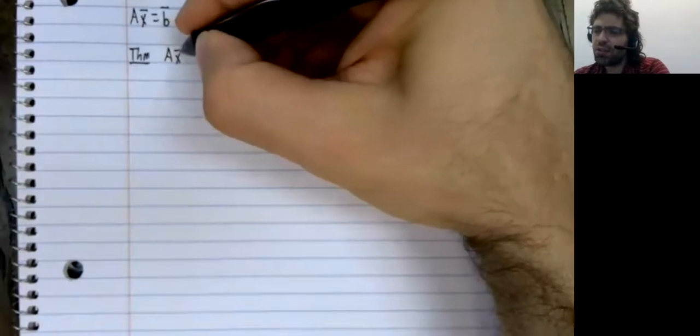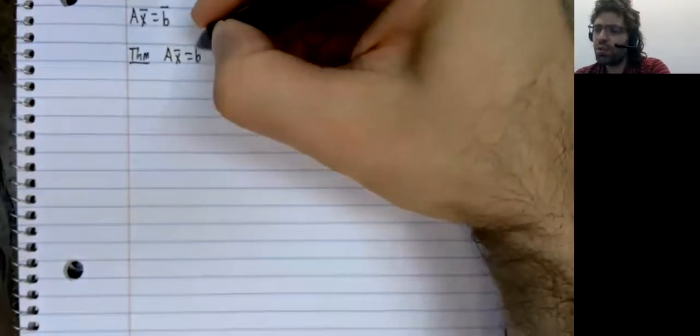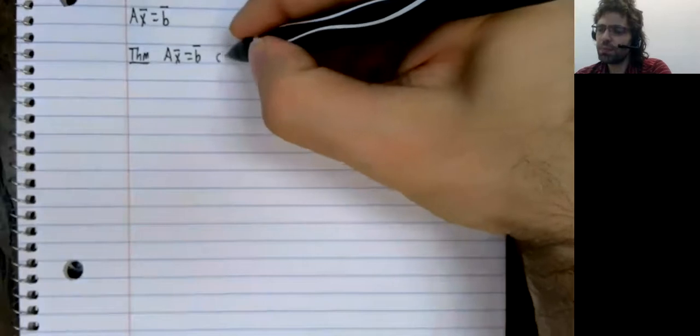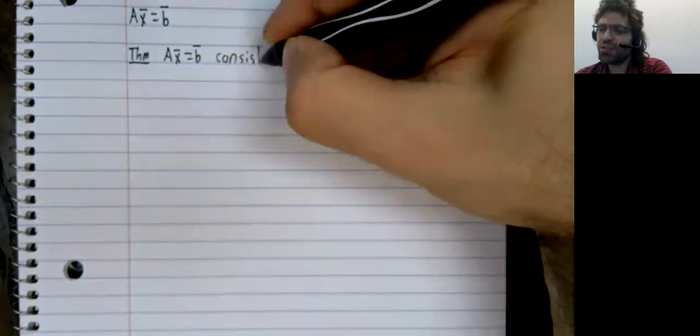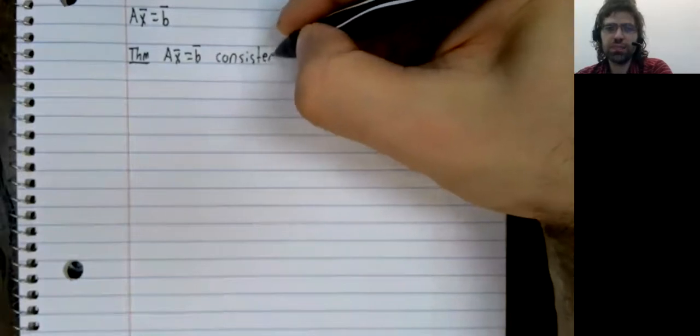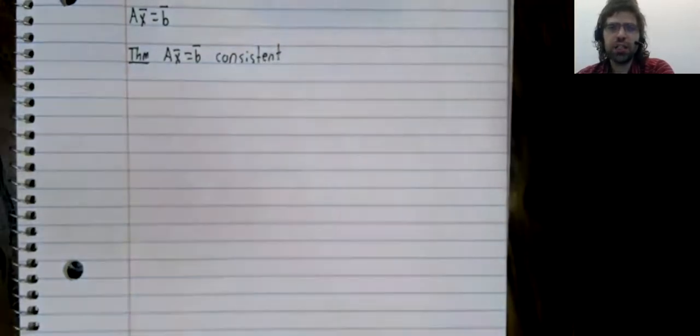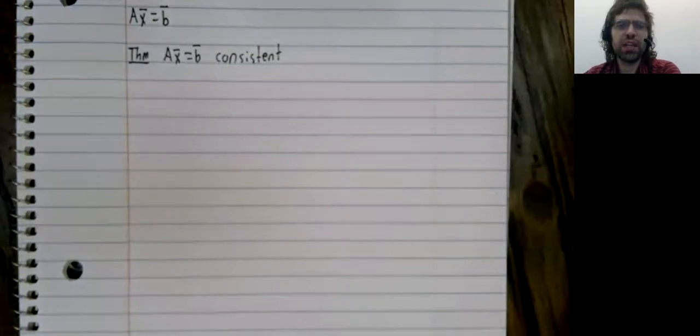So, theorem. Let AX equals B be consistent, i.e., assume it has at least one solution.